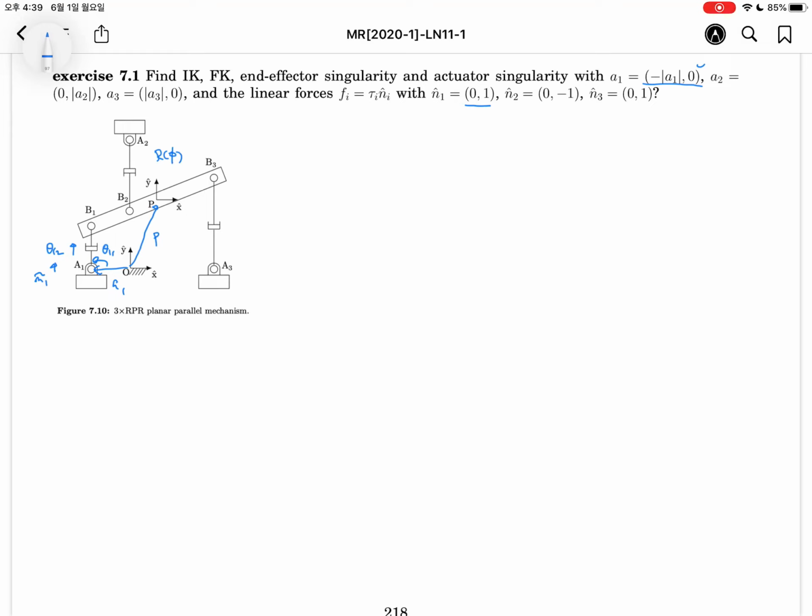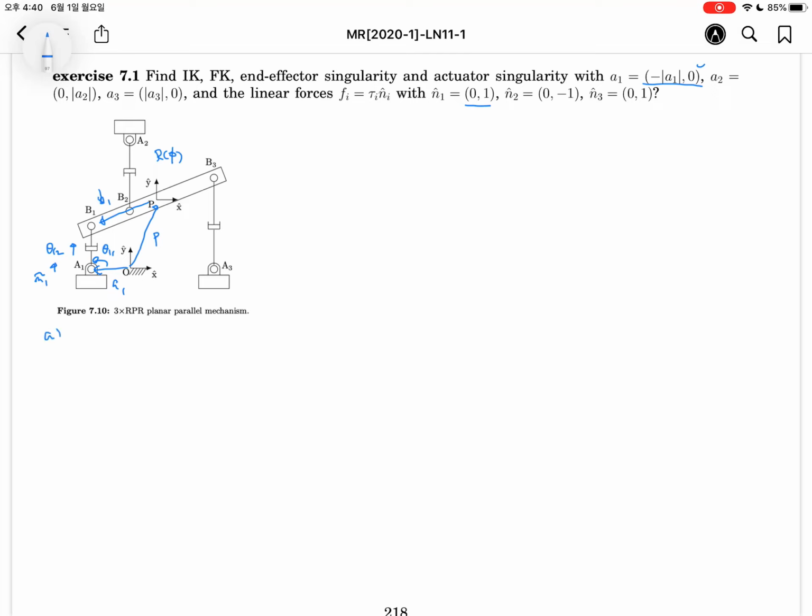There is no notation about the orientation of the body frame, but we will add phi to denote the angle. Then this vector will be denoted by b1. So we can make the closed loop.